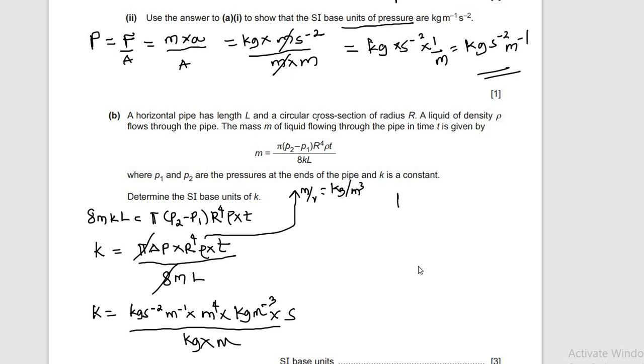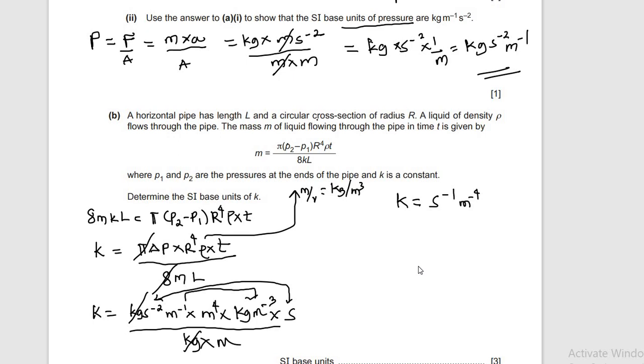So from here, K will be, let's do some cancellation. Kilogram cancels kilogram. So this is s minus 2, s minus 2, and s. s minus 2 and s will give us minus 2 plus 1, that will give us s minus 1. This is m minus 1 and m minus 3, that will give us m minus 4.